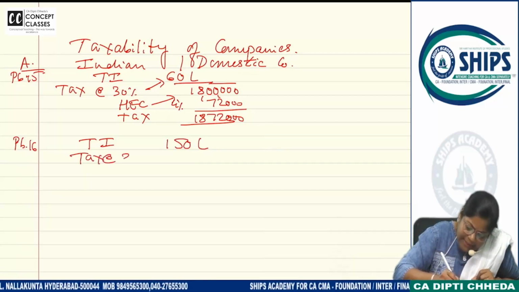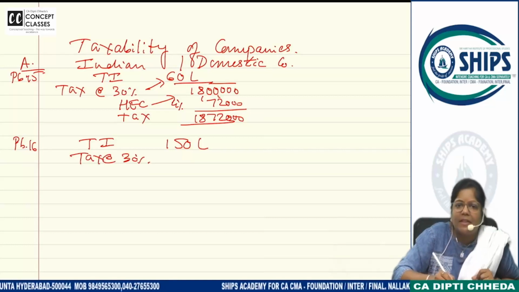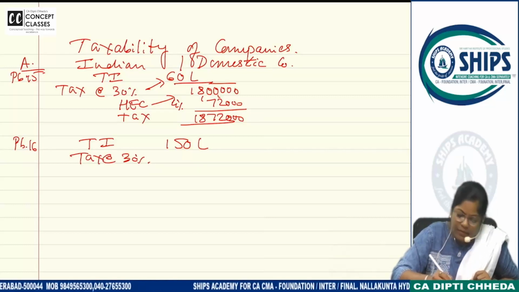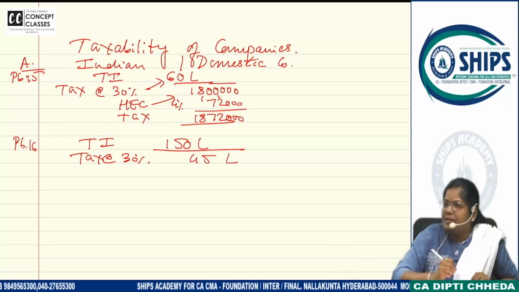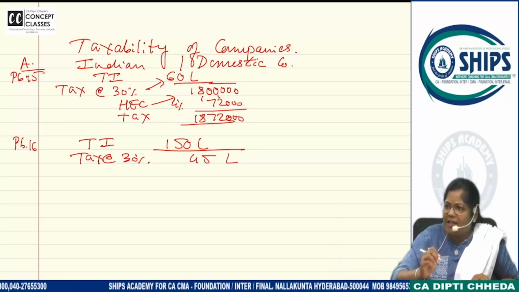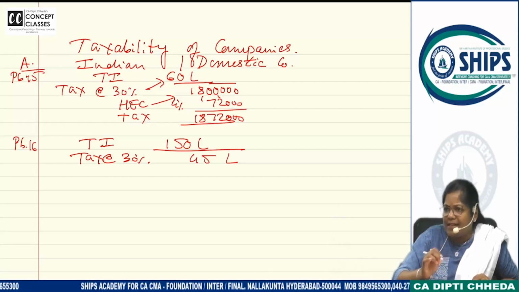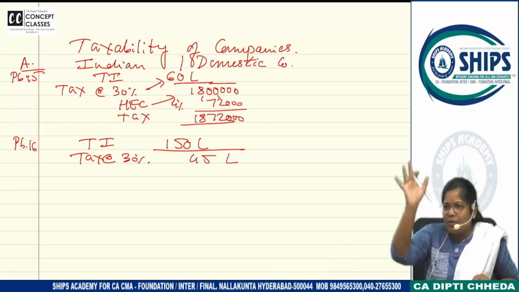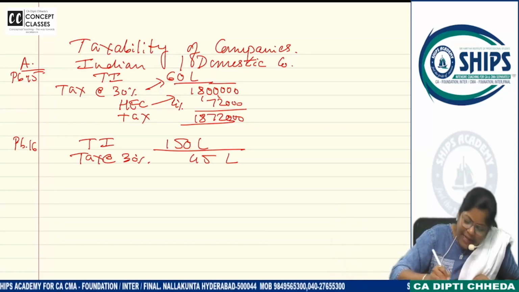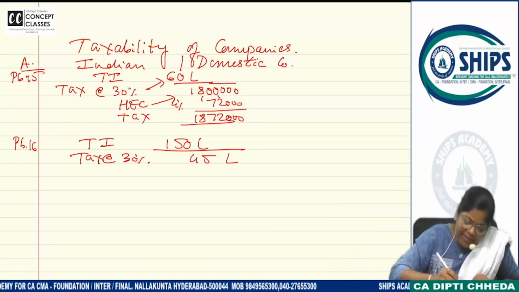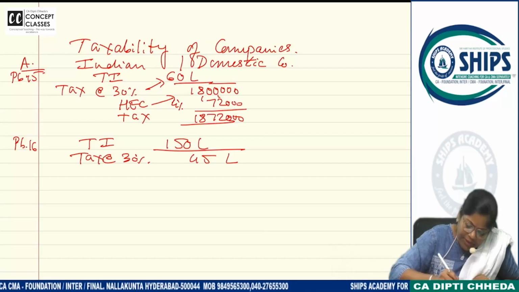What will be the tax thereon? 30%. कितना? 45 lakhs. I'm just writing L because we are in the doing mode. Exam में lakhs लिखना पड़ेगा. Unless the whole problem is in lakhs, you cannot write L. अभी तो ठीक है. Tax correct है? 150 lakh पे 30%, 15 threes are 45.